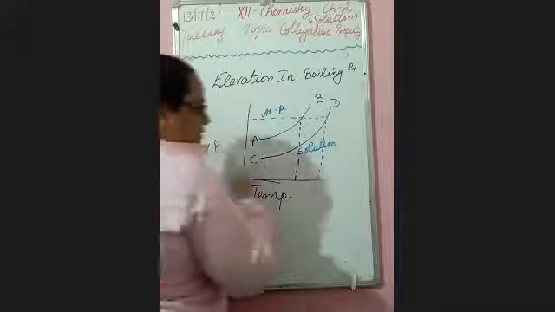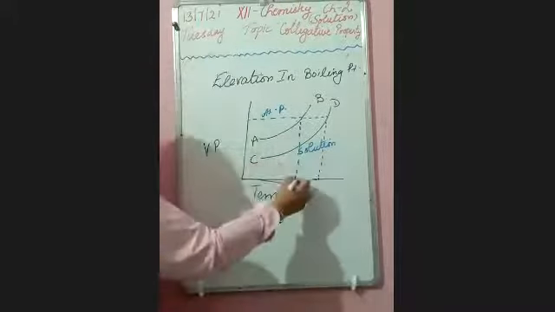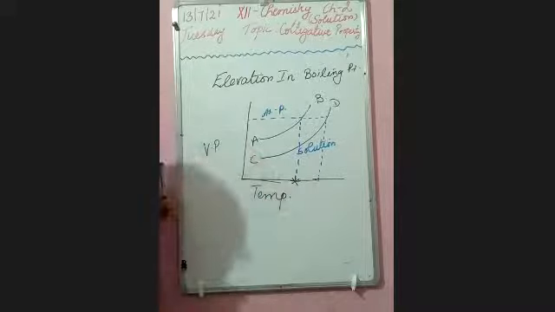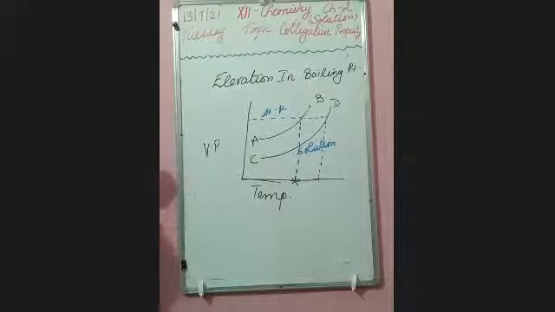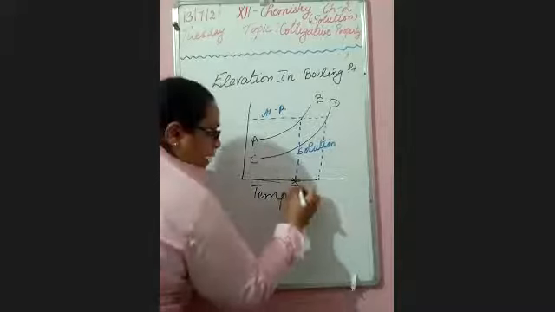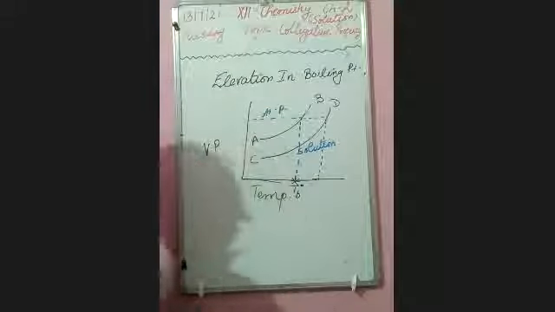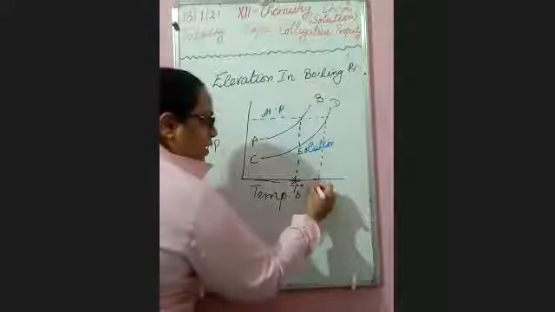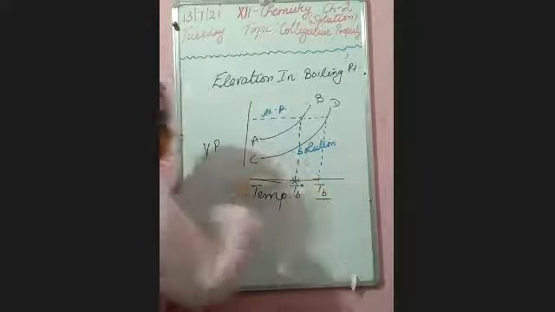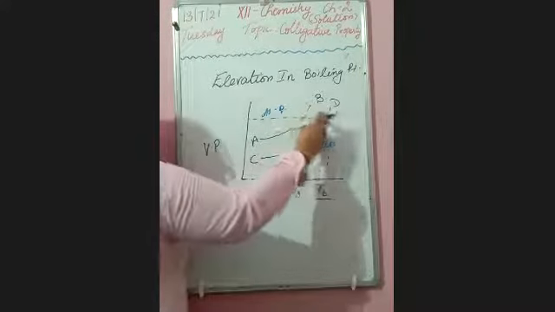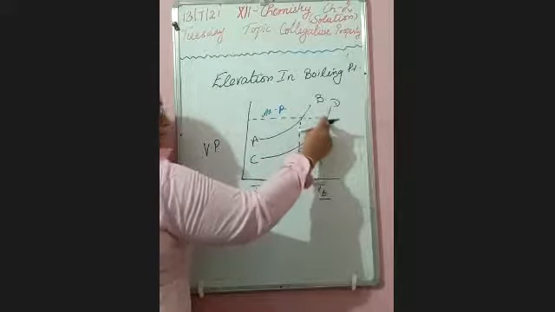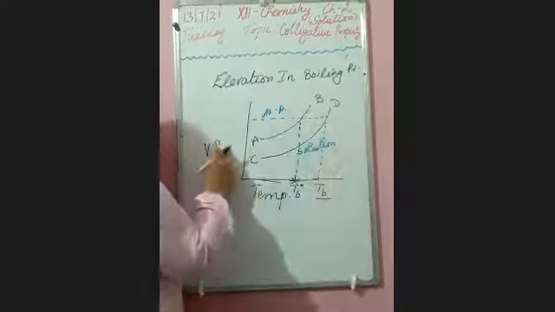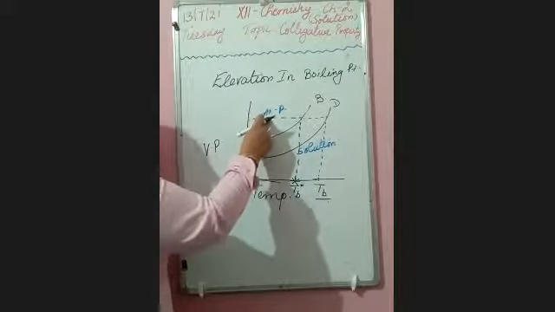So, dear, this is your boiling point of pure solvent, and this is the boiling point of solution. At the same point, you can see that vapor pressure becomes equal to atmospheric pressure.